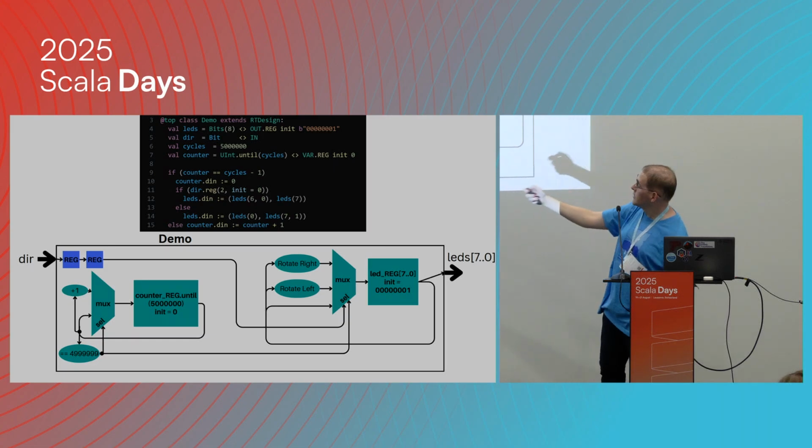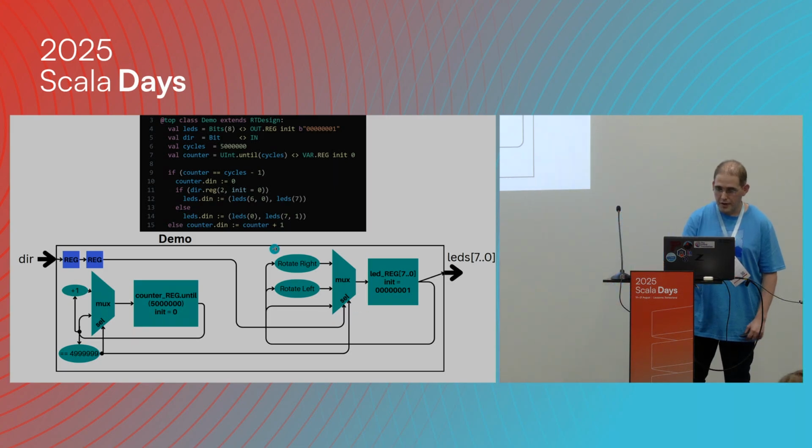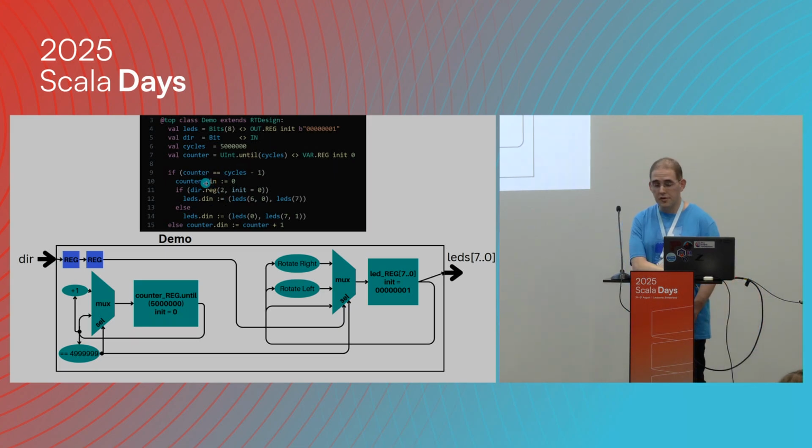So in this case, if we look at the counter, it needs to choose right here between right rotation and left rotation. And the laser pointer does not seem to work, let me point with the mouse. So here we have everything, all the registers I refer to, when I assign to them, I assign to their D-in, data in. So when I refer to a register, I always refer to the output by default.